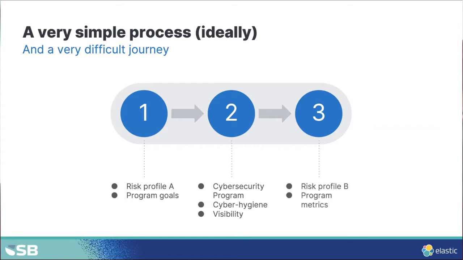In step 3, you reach a desired risk profile and establish proper program metrics to 1, communicate to the board, and 2, continuously enhance security operation. The idea is to establish some sort of controls factory or defense factory where you can transform your organizational risk profile in a positive way, of course.